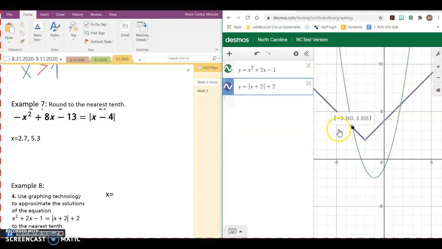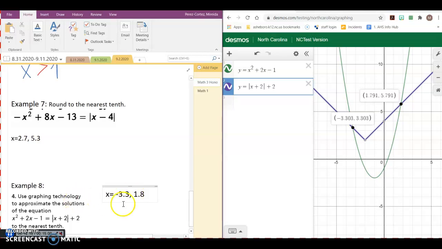Negative 3.3, and I think we're rounding to the nearest tenth. So the answer on this one is negative 3.3 because that 0 does not bump it up. And for the next answer is where they intersect, not the y-intercept, where they intersect. That's 1.79. The 9 bumps up the 7, so the answer is 1.8.